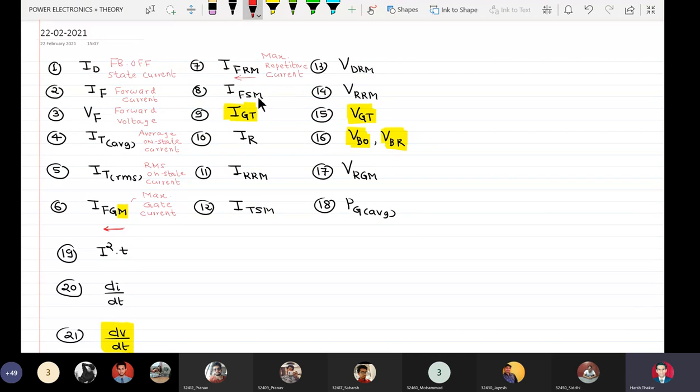IFSM, again as I said, you have to always read it from right to left. So M for max, S for surge, maximum surge current.